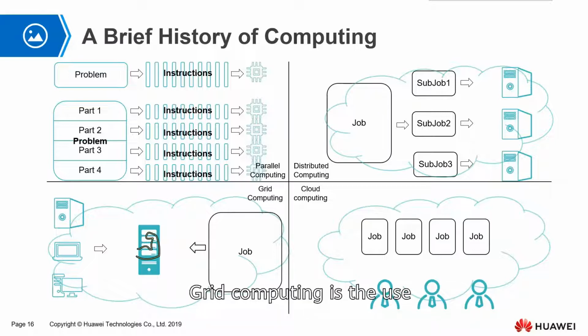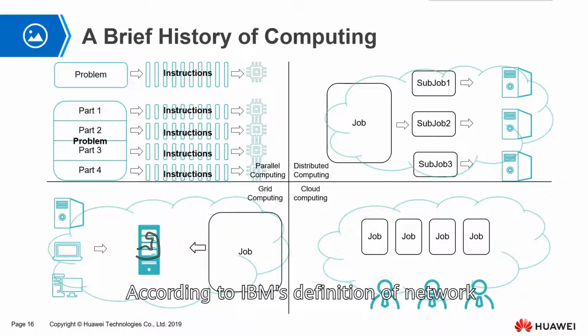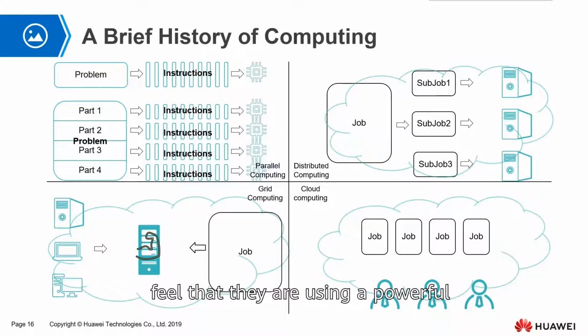Grid computing is the use of a wide range of scattered computing resources to accomplish a common task. It is also a kind of distributed computing. According to IBM's definition, a grid aggregates the available computing resources on the local network or on the Internet, making end users or applications feel that they are using a powerful virtual computer.